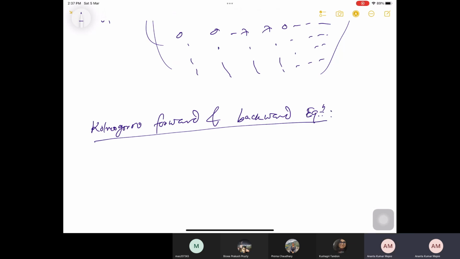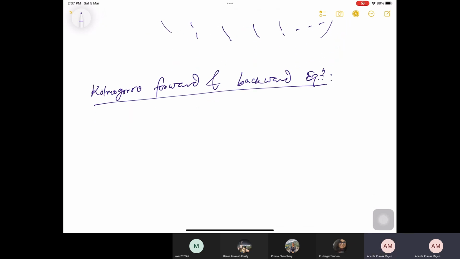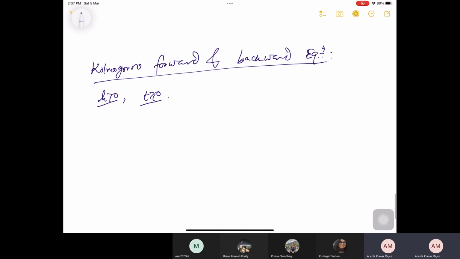So now, for any h positive and t greater than or equal to 0, I try to find out Pij of t plus h minus Pij of t, divided by h. What is this? I can write down Pij of t plus h as a summation.